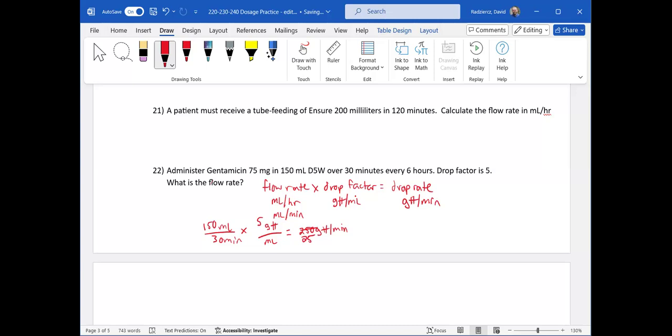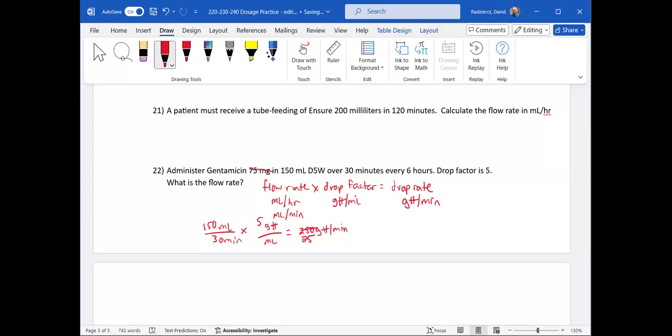So now you might be wondering, why didn't I account for the 75 milligrams or the 6 hours? That's because you don't need to. The 75 milligrams just tells you the medication you're bringing in. It's gentamicin, 75 milligrams. When we're calculating flow rate, we really don't care what the medication is.